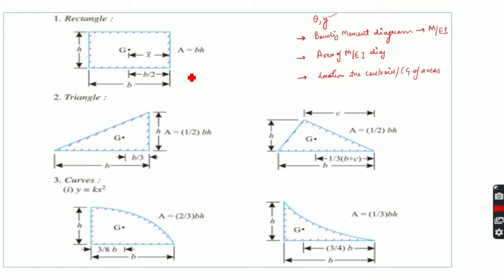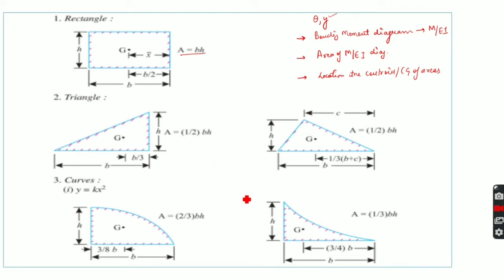So for this I have put here some common shapes of BMDs, and this picture is representing the areas of these shapes and the locations of their centroids, right? So here this is a rectangle, these are triangles, this is a parabolic curve, this is a semi-parabolic curve.